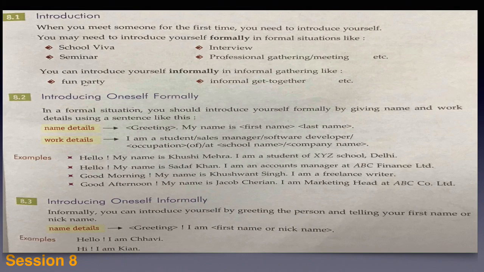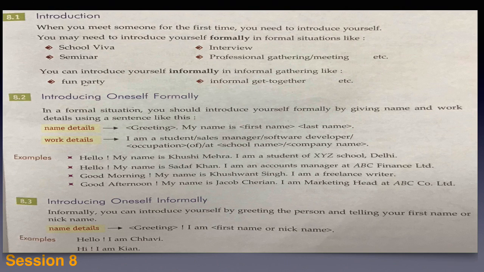When we meet someone for the first time, we need to introduce ourselves. Means whenever we first meet anyone, तो सबसे पहले क्या करते हैं, हम अपने आप को इंट्रोड्यूस करते हैं. You may need to introduce yourself formally in formal situations like in school viva, in seminars, interviews, professional gatherings, or in professional meetings.